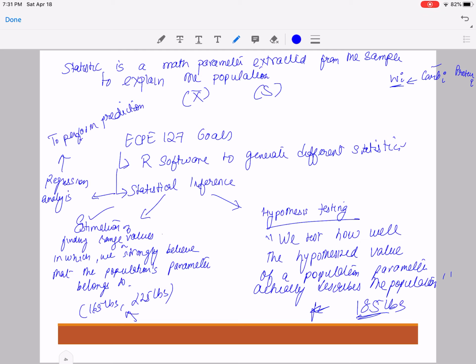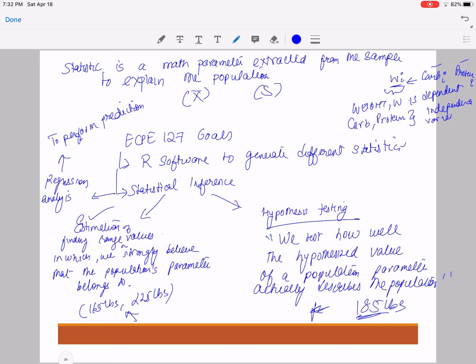And carb intake and protein intake, which are influencing the weight, are my independent variables.